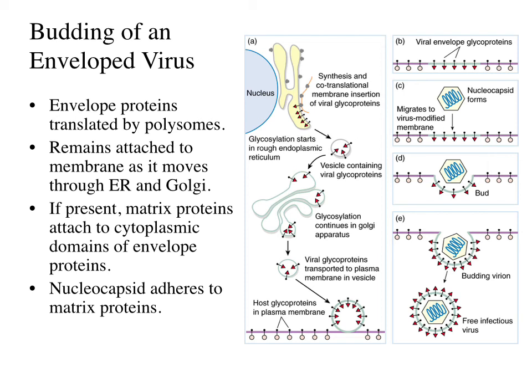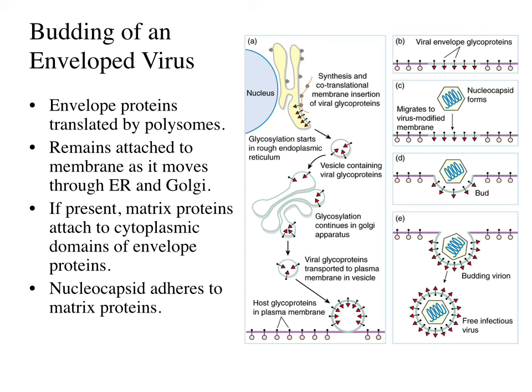And this is how these viral glycoproteins get inserted into the plasma membrane. So the viral glycoproteins are transported to the plasma membrane in a vesicle, which then fuses with the plasma membrane. All right, so now if you go up to the top right, you have a situation where the viral envelope glycoproteins have now been inserted into the plasma membrane of the host cell.